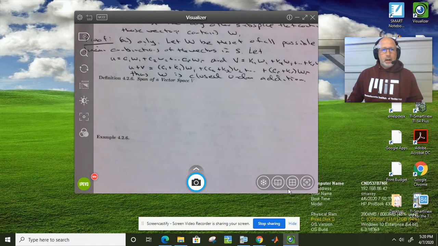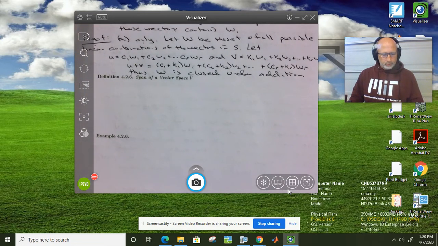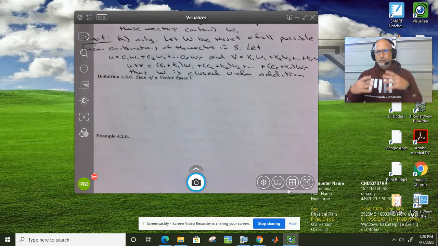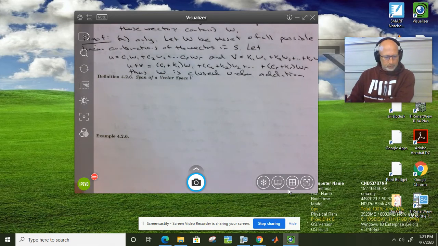Okay. Next, definition 4.2.6, span of a vector space. This is a very important term, and this will come up. We'll talk about what is the span of this, or does this set span another space?